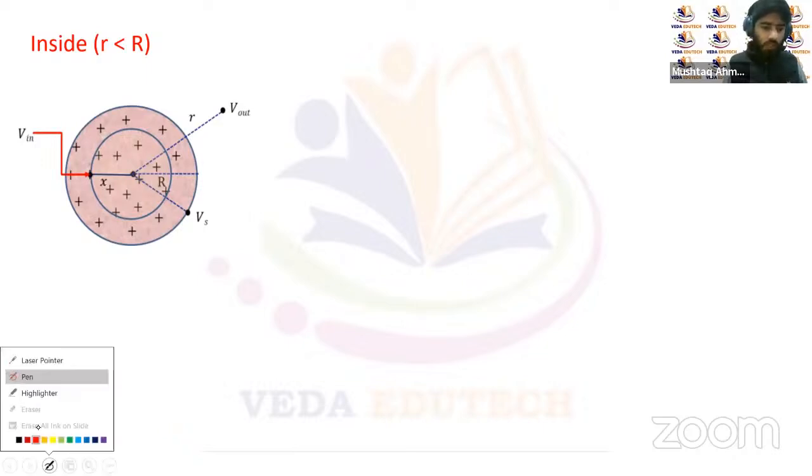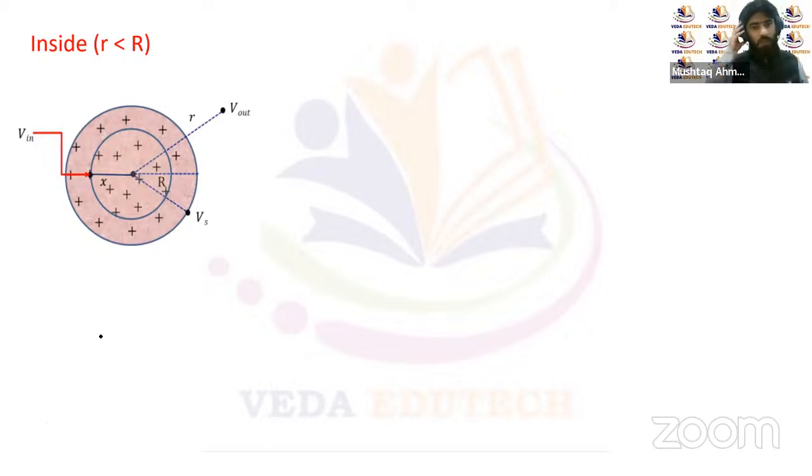Now let's move on to the calculation of electrostatic potential for this sphere, but for the points which are inside the sphere. It means that r has to be less than or equal to capital R. We'll be using the same concept, integrating the same potential equation with the proper limits to calculate the potential inside the sphere, provided we know the electric field inside the region of the sphere.